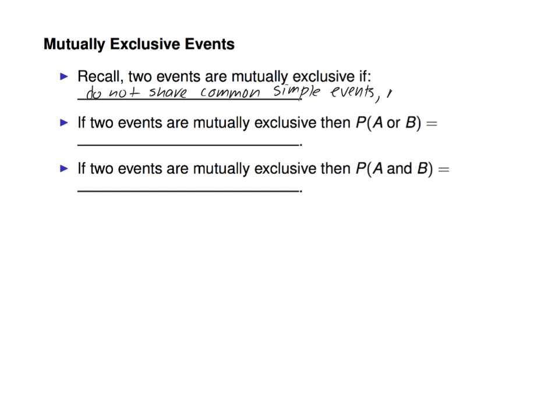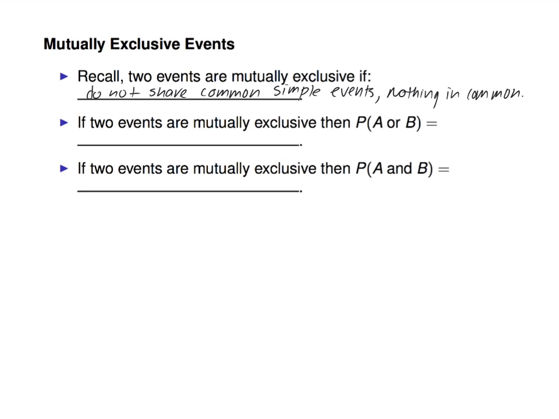Or you can think about that as they have nothing in common. It's like if you're rolling a die, the events of rolling an even and rolling an odd are mutually exclusive because you can't be both at the same time. That's what mutually exclusive means.